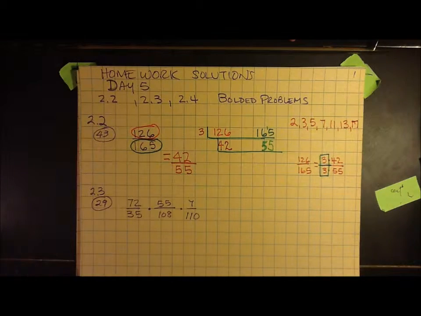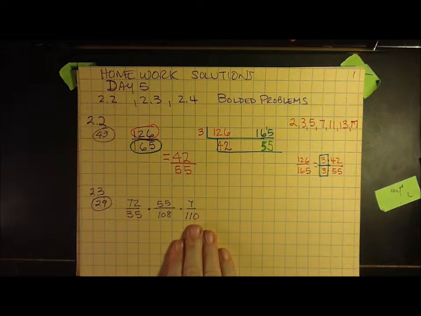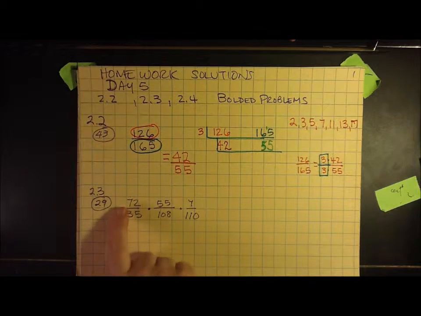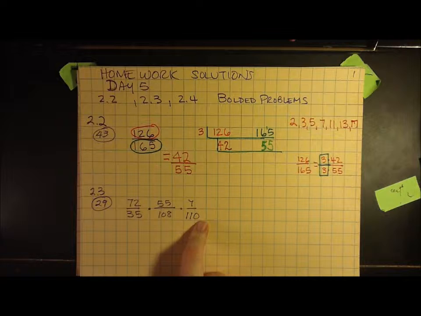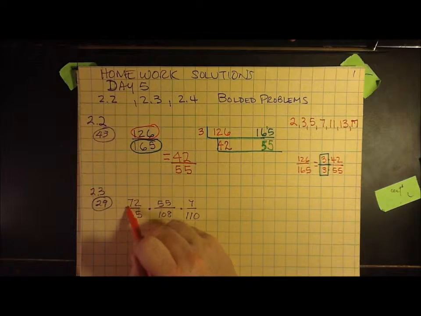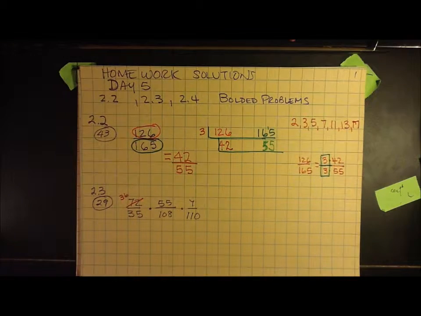So now we're going to look at section 2.3, number 29, which is multiplying a whole bunch of fractions. When I'm multiplying, I multiply across for the numerator and across for the denominator. But I don't want to work that hard right now, so I'm going to do some canceling. I can divide that by 2, so that leaves 36.